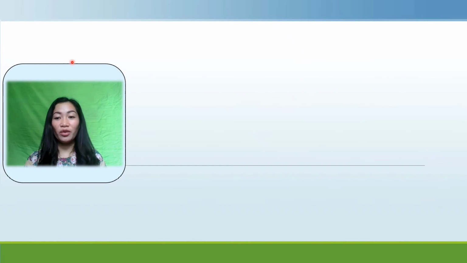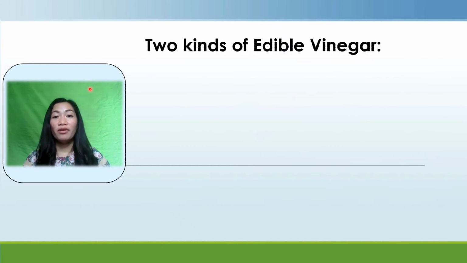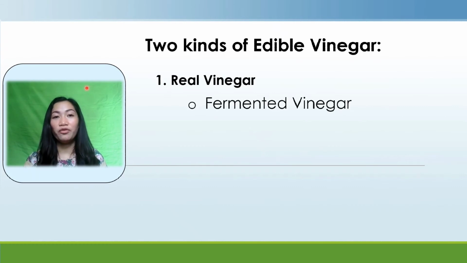Do you know that we have two kinds of edible vinegar? The first one is the real vinegar. Real vinegar is fermented vinegar, made from the fermentation of grains and fruits.